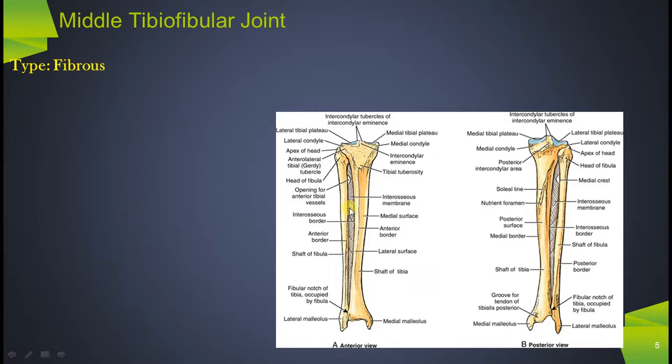It is a fibrous type, because the membrane is made up of collagen fibers. Extending between the interosseous border of the tibia and the medial interosseous border of the fibula, the membrane runs downwards and laterally.